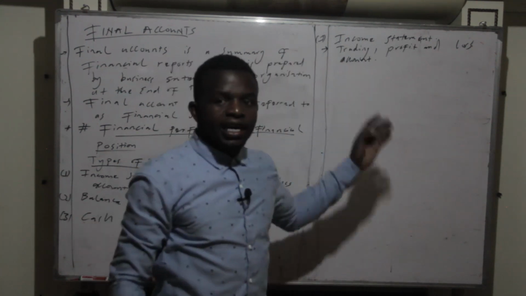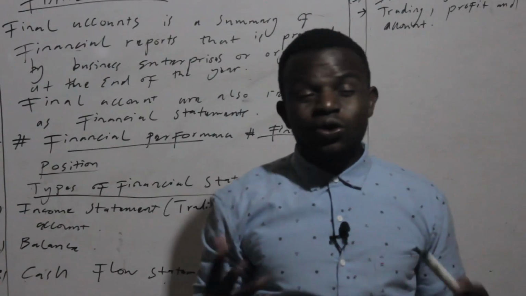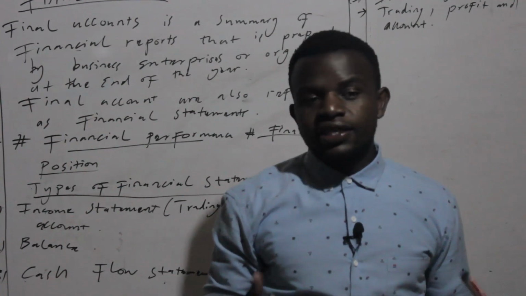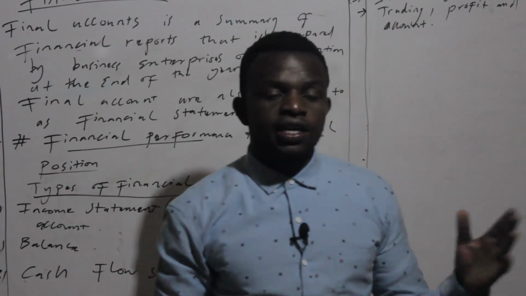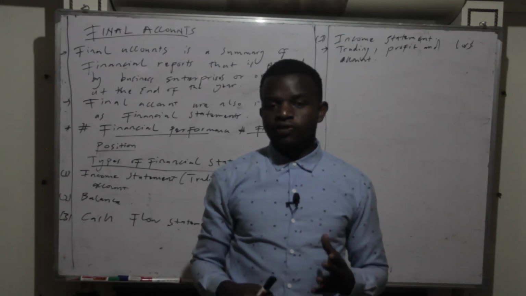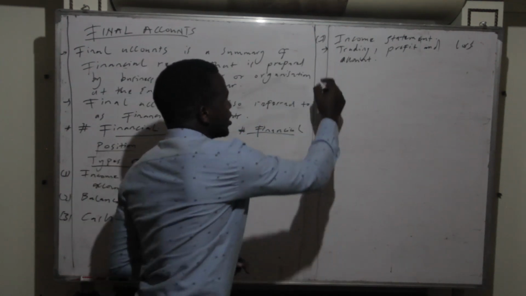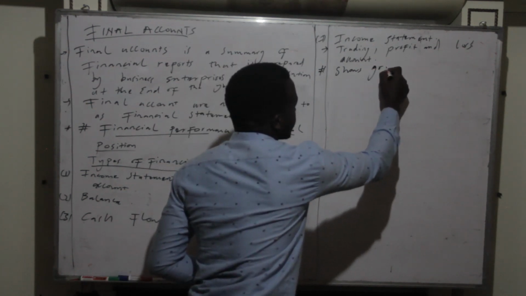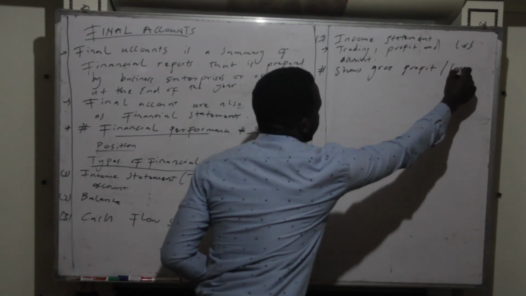The income statement shows the gross profit or loss of the business. It also shows the net profit or loss of the business. And this income statement is divided into two parts. It's divided into the trading account. It's also divided into the profit and loss account. So I've mentioned that the income statement shows gross profit or loss.